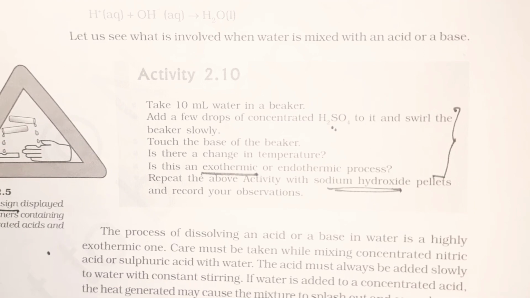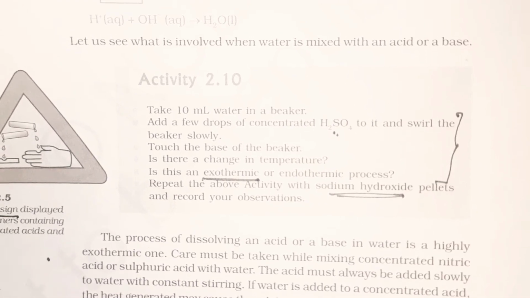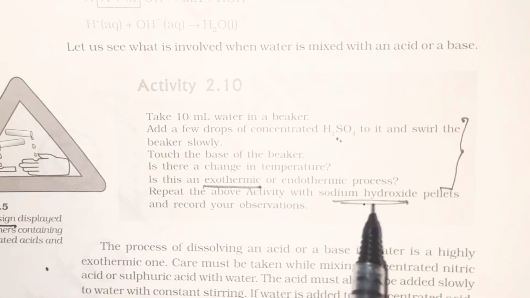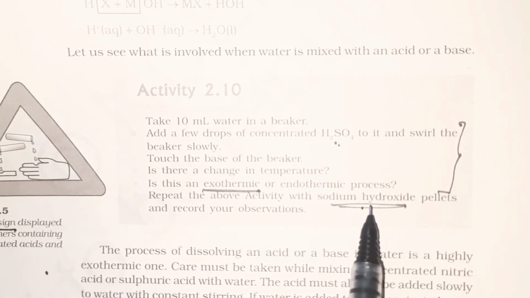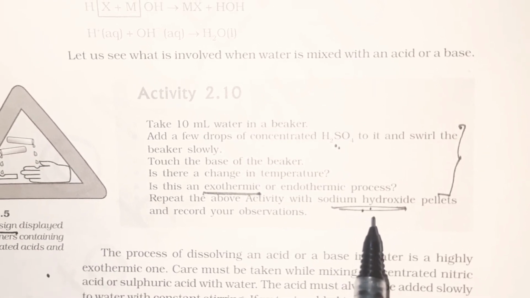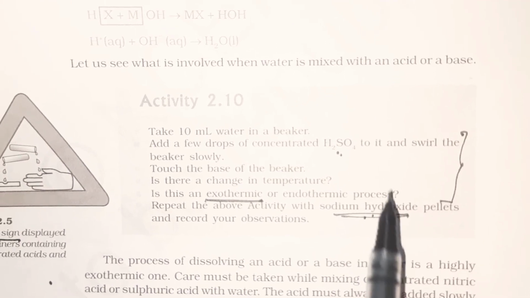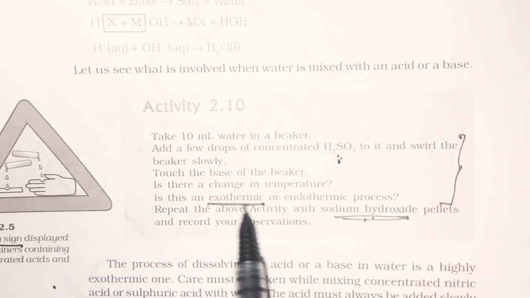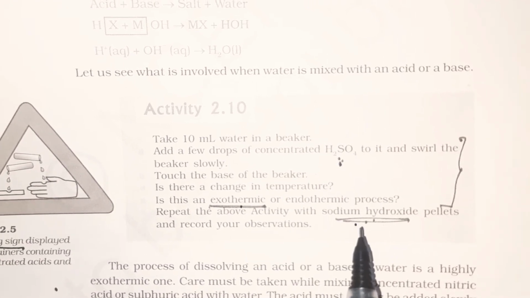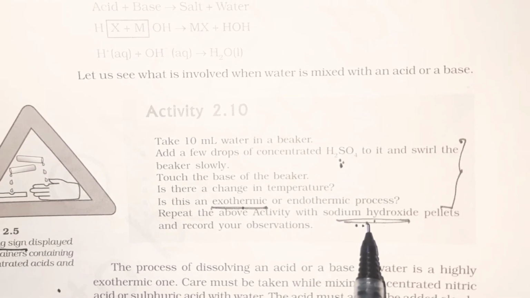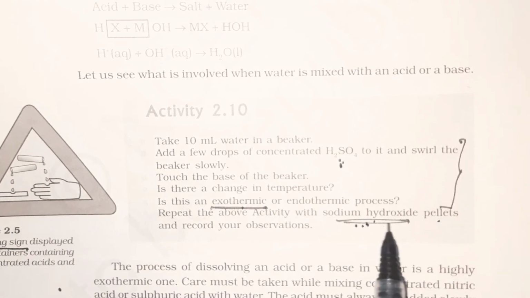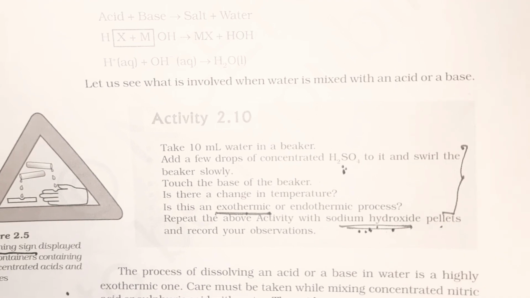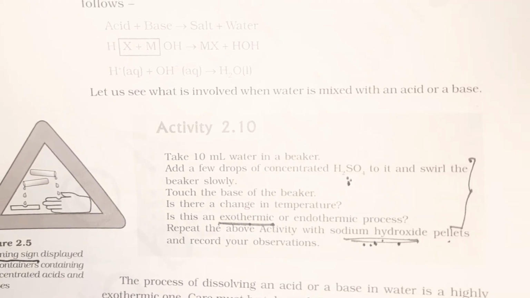If you look in the laboratory, sodium hydroxide is available in small pellets. So these sodium hydroxide pellets are in solid state. When they are dissolved in water, again a lot of heat is evolved. So not only is diluting sulfuric acid an exothermic reaction, making a solution of sodium hydroxide pellets from the solid state is also a highly exothermic reaction.